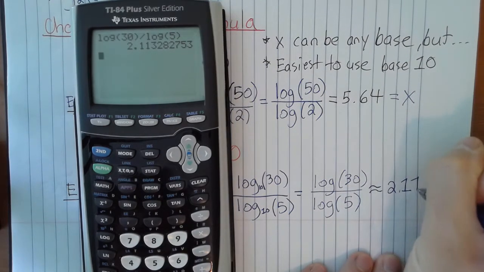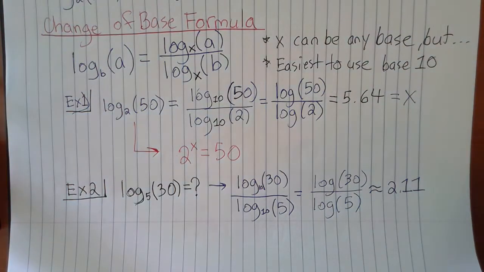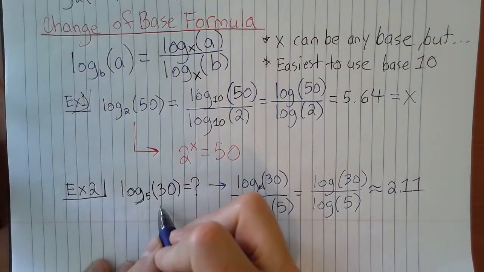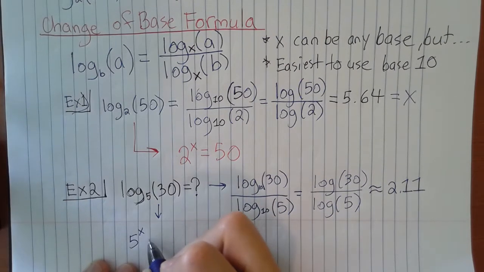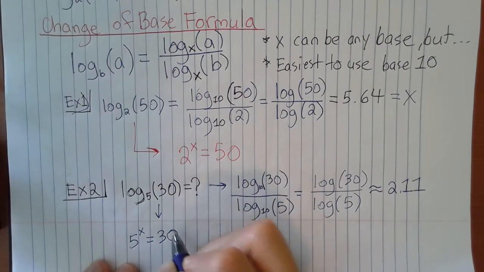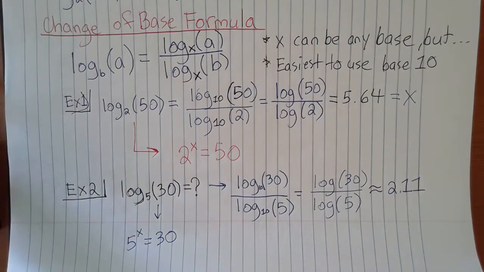And remember, what we're finding with that 2.11 number is that we wanted to figure out from this first logarithm, 5 to what power is equal to 30. How many 5s would we need to get up to 30? Well, we know it should be between 2 and 3 because 5 squared is 25 and 5 cubed is 125. That's a big range.